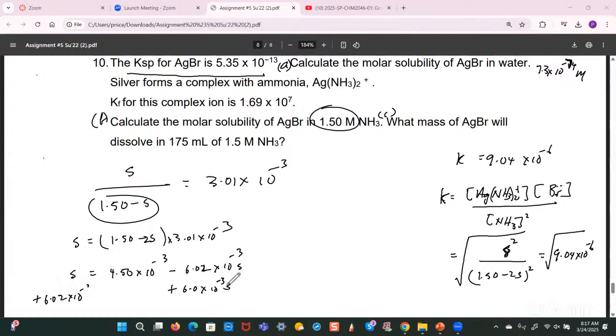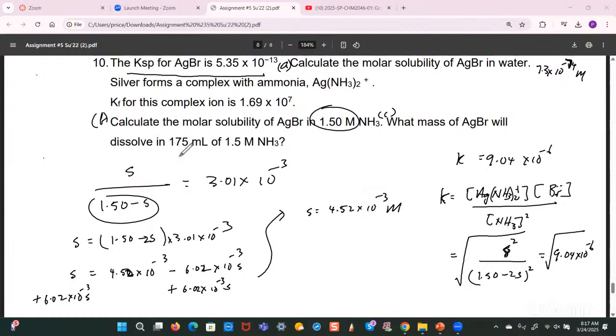And I can clearly see that 6.02 is much less than 1. So continuing up here, you're going to get S being equal to 4.5, and this here should be 4.52. So S is going to be equal to 4.52 times 10 to the minus 3 M, right?